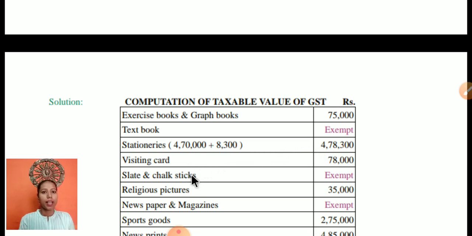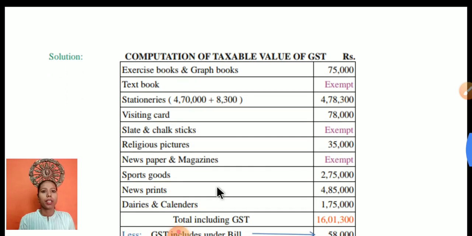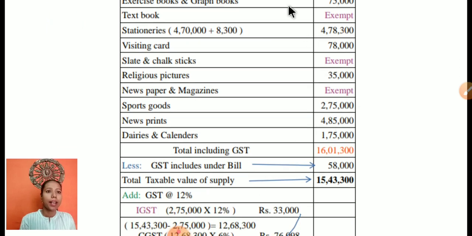Visiting card taxable, slate, chalk sticks are exempted, religious picture taken, newspaper, magazine exempted, sports goods. It is definitely IGST, still it is considered in the taxable turnover. Now newsprints taxable, diaries and calendar taken. Add these items and you will get the total turnover which is including GST value.